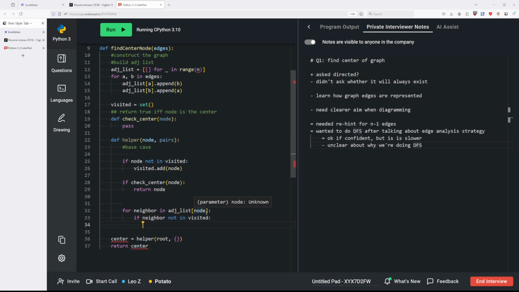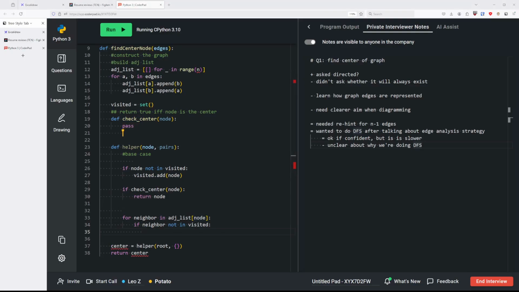So if the neighbor is not in visit, we need to implement the check center function.